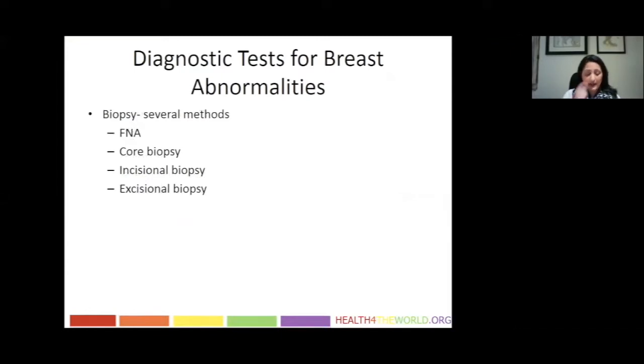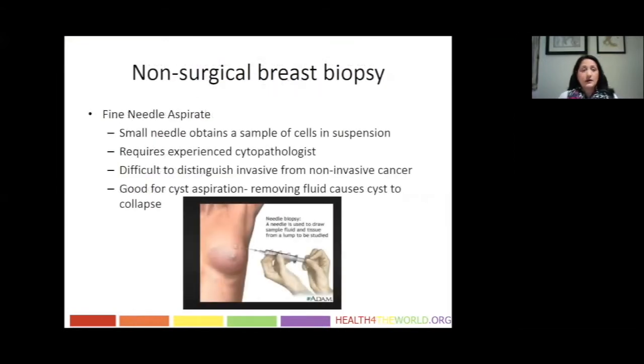In terms of pathologic diagnosis, there are several methods utilized, including fine needle aspiration, core biopsy, and incisional as well as excisional biopsy. Fine needle aspirate removes a small amount of cells and generally requires a cytopathologist to perform and prepare the slides.